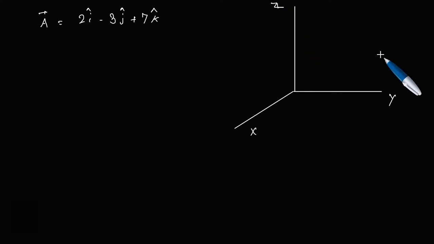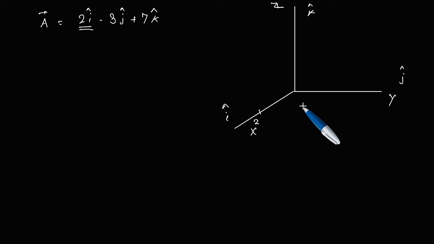It's called Z. So what does it mean, i cap? That means i cap is in the x direction, j cap in this direction, and z is k cap. First, we'll draw the points. We'll see what this vector means, how it looks. So we have to go first 2 times i cap. Let it be 2.